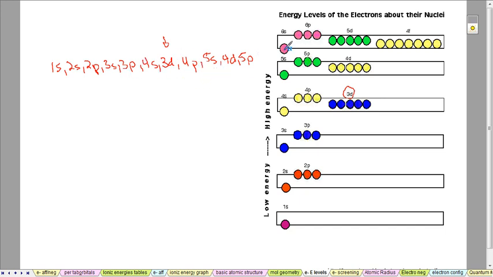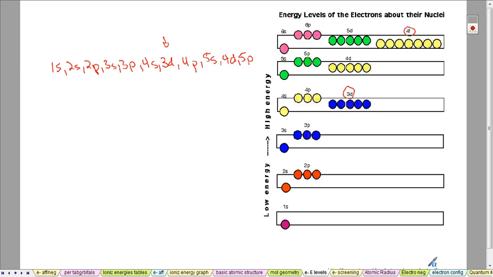We're not going to start getting into the 5Ds, or the 4Fs, but you can see that once we start to get F orbitals, they actually split slightly above the 6 S's. So it will go 6S, 4F, 5D, 6P. But again, for our purposes, we're not going to bother with that in grade 11.